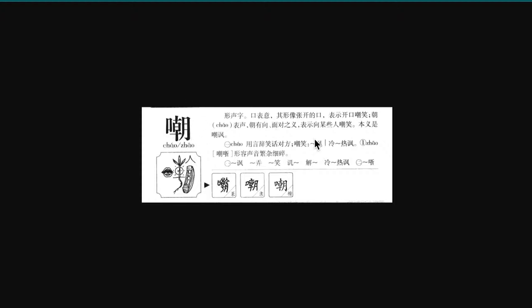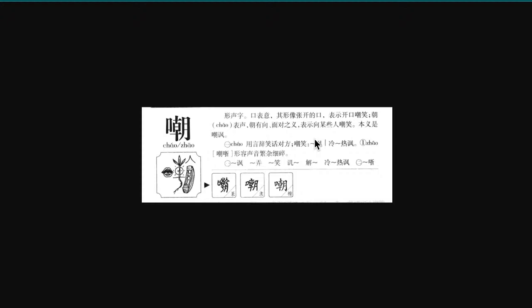Okay. So 朝 has the meaning of facing, like facing which way, or facing each other, the 朝向, the direction you're facing to, that kind of meaning. So what this is trying to describe, say, when you try to ridicule or laugh at somebody, making fun of somebody, then there has to be a subject, right?